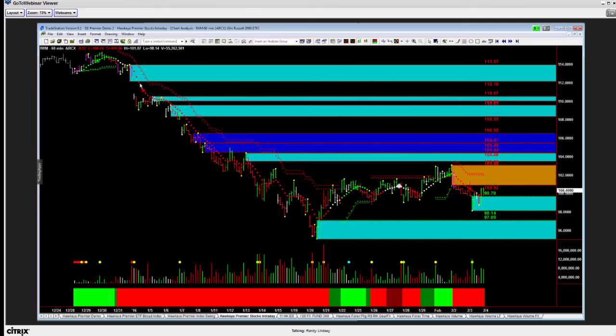The software, the dotted lines right here on the price, I think that's what you're referring to. That is a separate purchase from HAWKEYE traders. It's called the Trend and Stops, and it's part of several of the packages that they sell there.